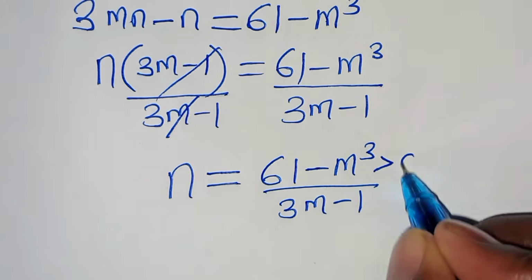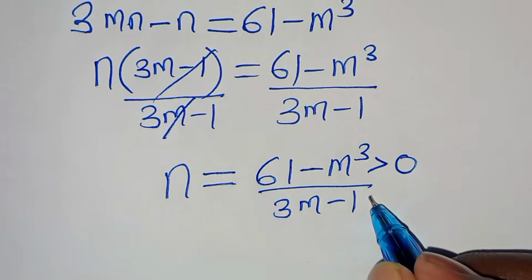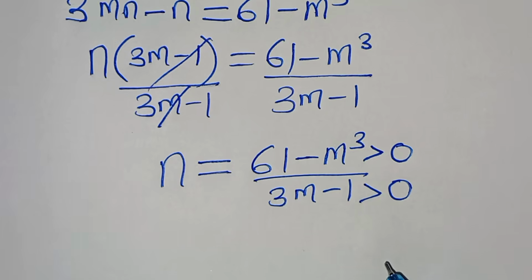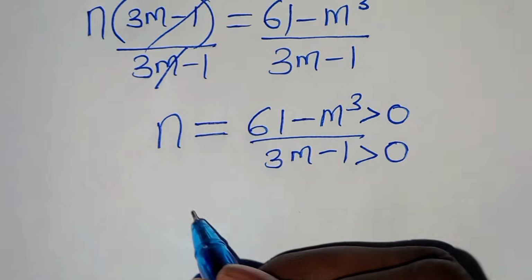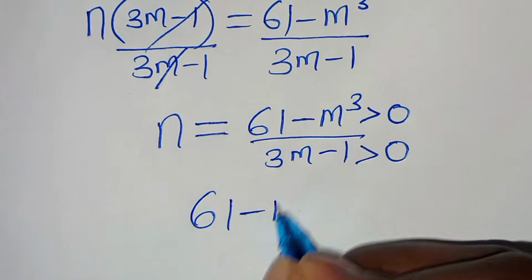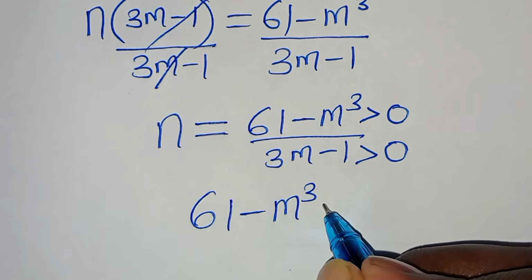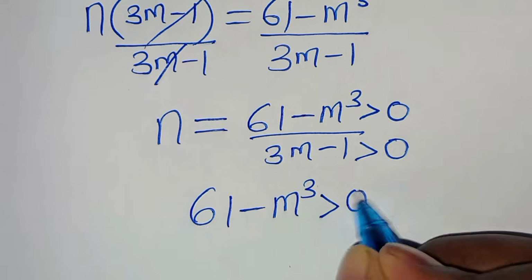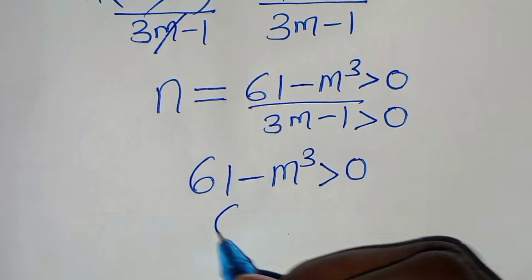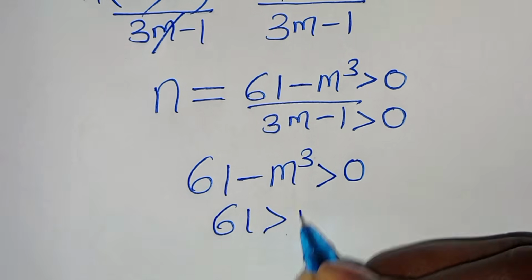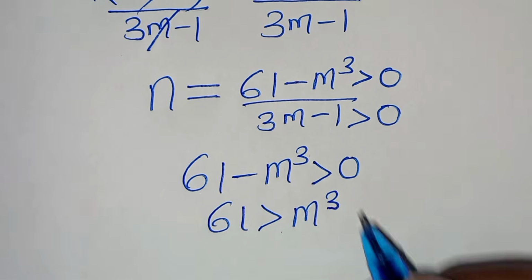We have 61 minus m to the power of 3 greater than 0, and also 3m minus 1 greater than 0. So this means that 61 minus m to the power of 3 is greater than 0, so we have that 61 is greater than m to the power of 3.